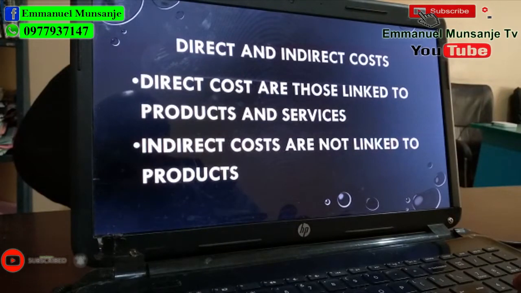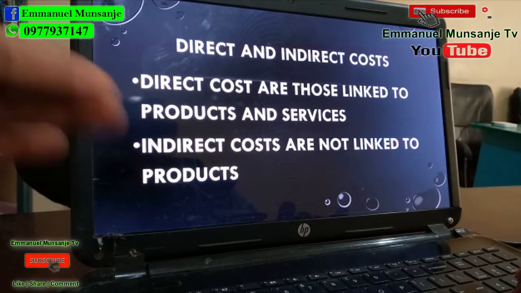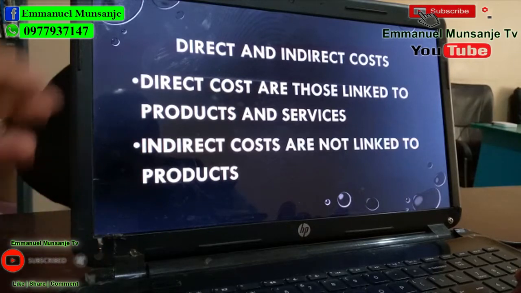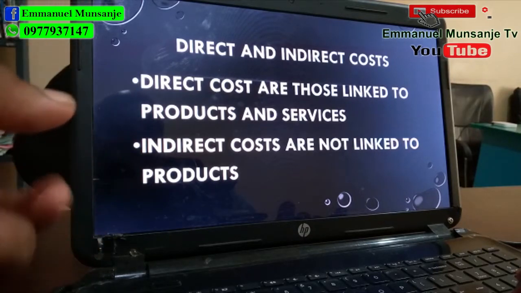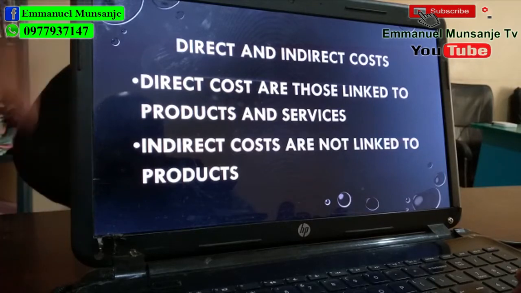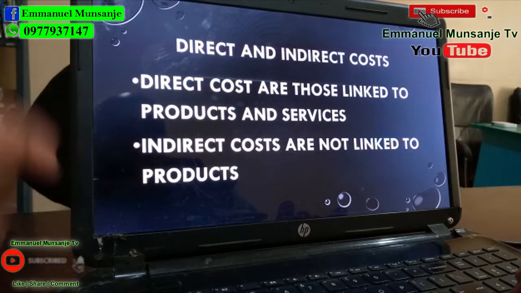You can also classify the cost as either direct or indirect cost. The difference is that when you classify the cost as direct, it means you can link that cost to the product. And if you classify it as indirect, you cannot link. Let me give an example. If you are making bread, the direct cost could be the cost of sugar, because when you eat, you can taste the sugar inside the bread, which is the product, meaning you can link what you spent to the product.